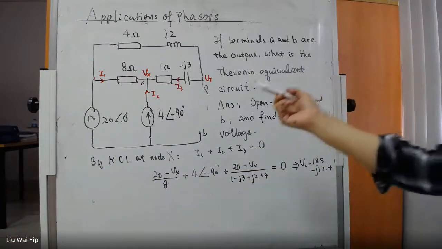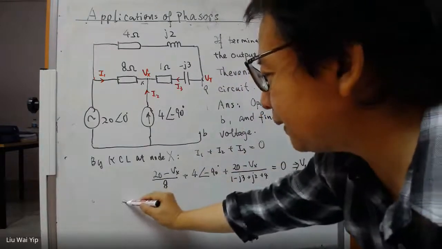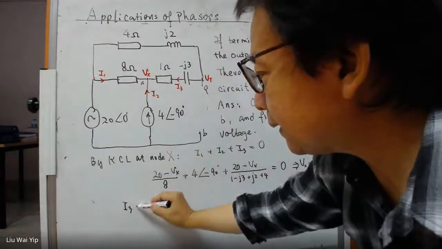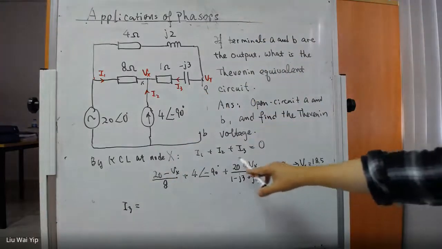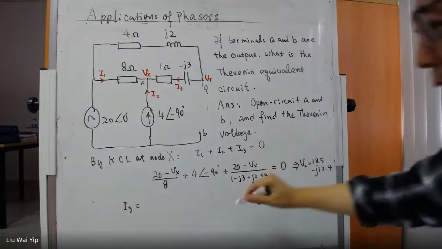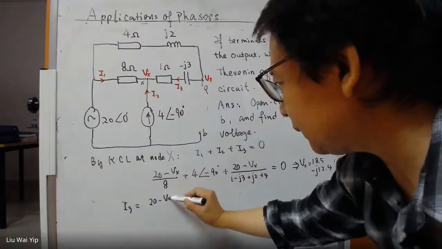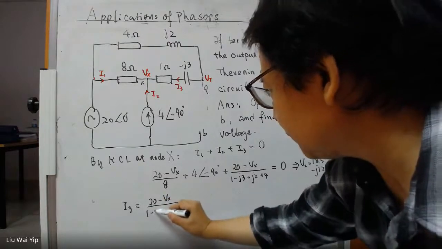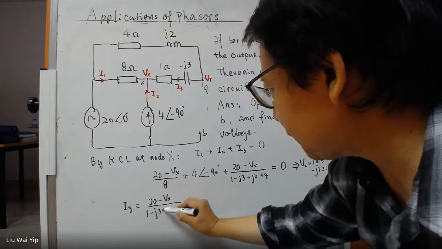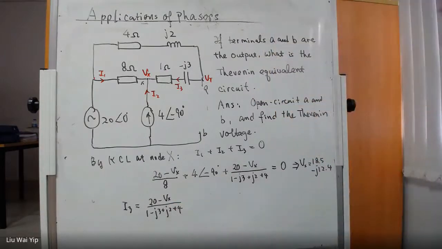We can find what is I free. I free in this situation is the sum of this column, this whole expression. So 20 minus Vx over 1 minus j3 plus j2 plus 4.